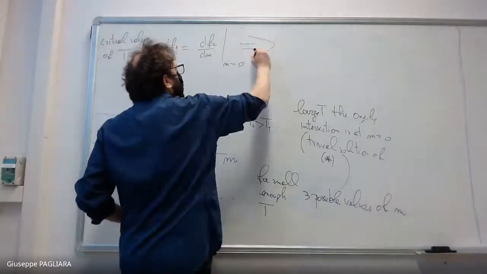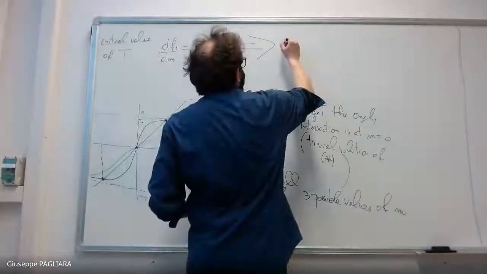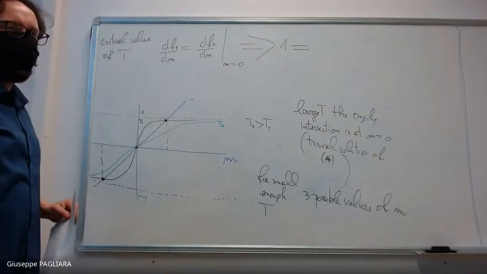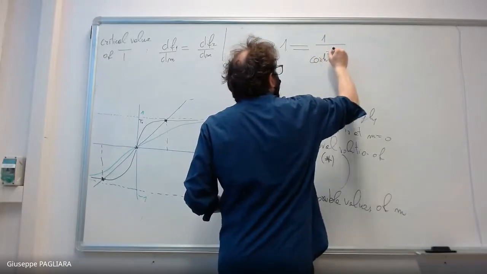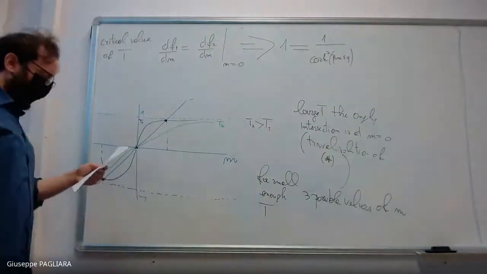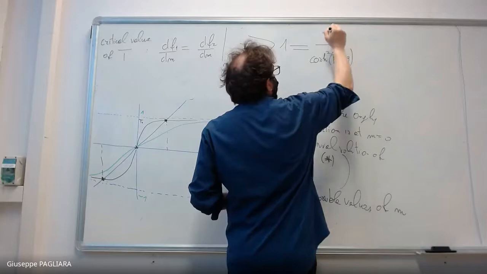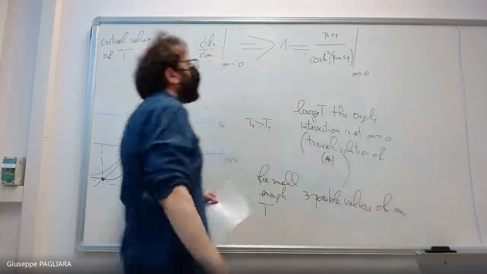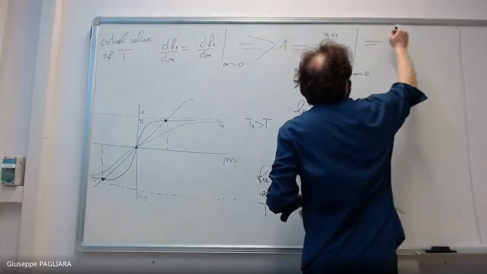And this implies that 1 is equal to, if you take the derivative of the hyperbolic tangent function, 1 divided by cosh squared of beta m epsilon q, times, deriving with respect to m, beta epsilon q. This is fast to compute for m equal to 0, and cosh of 0 is equal to 1, and therefore this is just beta epsilon q.